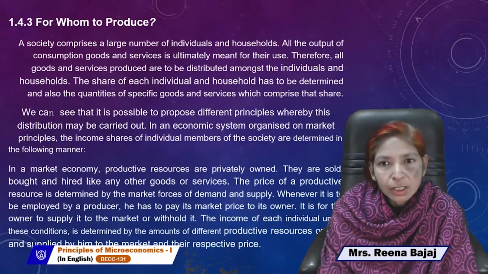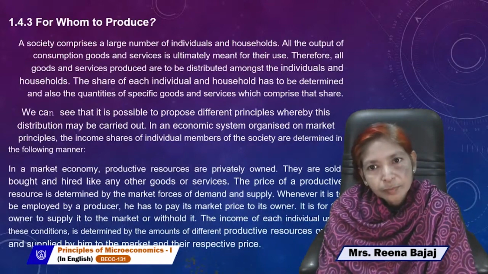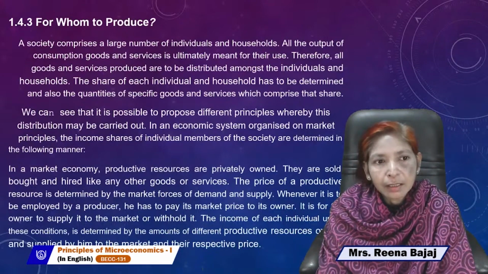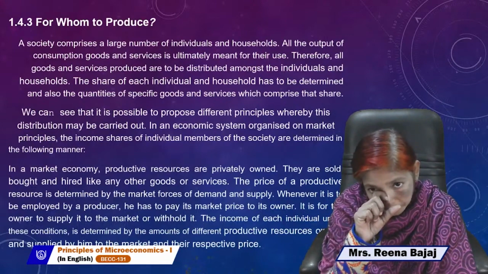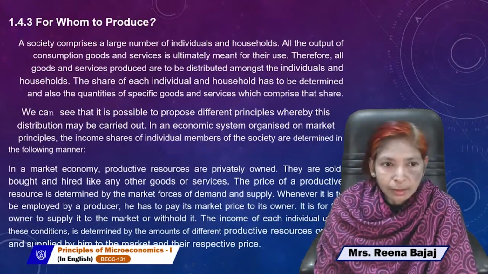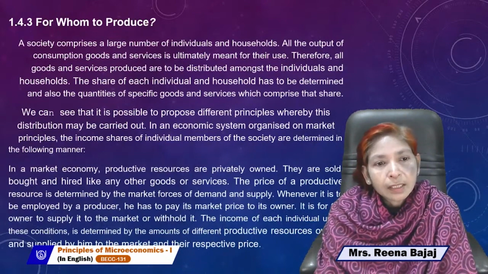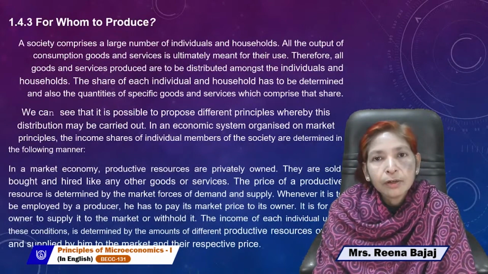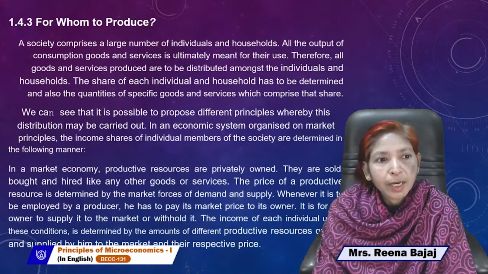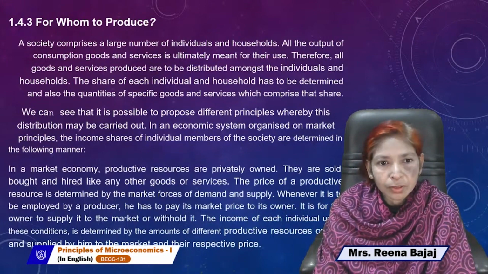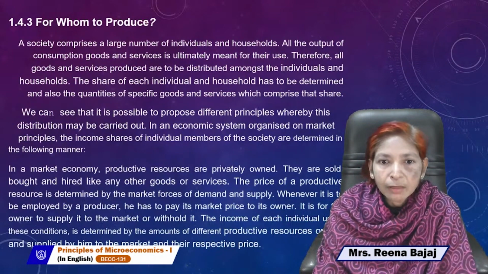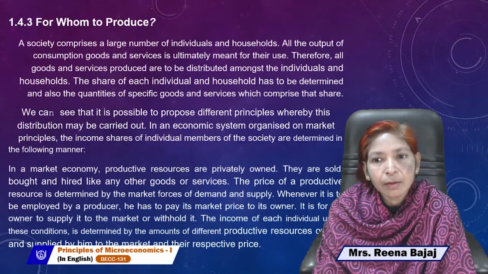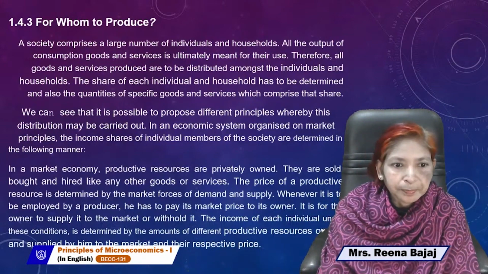The share of each individual and household has to be determined, and also the quantities of specific goods and services which comprise that share. We can see that it is possible to propose different principles whereby this distribution may be carried out. In an economic system organized on market principles, the income shares of individual members of the society are determined in the following manner.